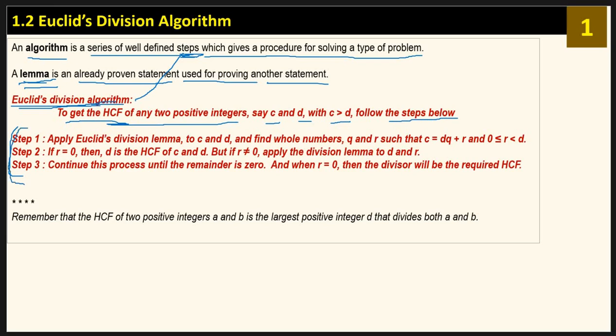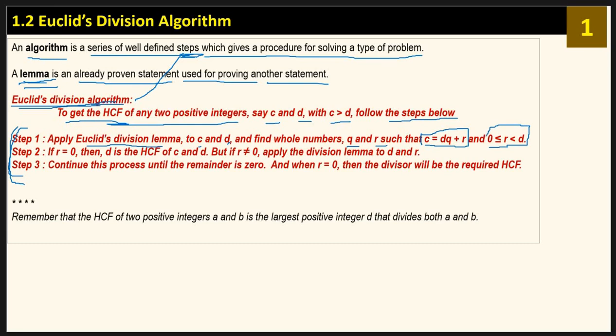Step 1 is to apply Euclid's division lemma to c and d to find the whole numbers q and r such that c is equal to d times q plus r and 0 is less than or equal to r and r is less than d.